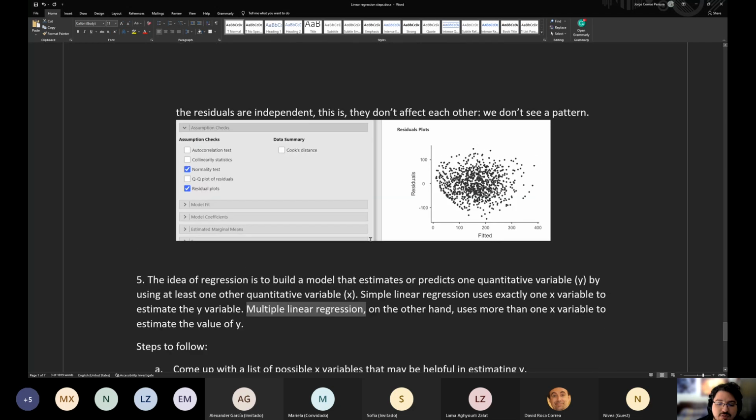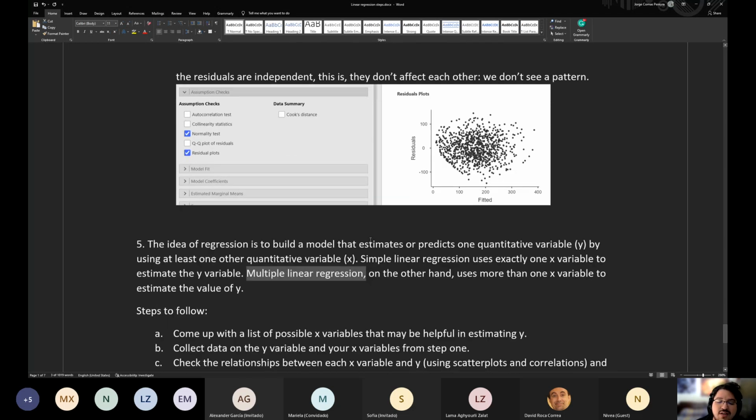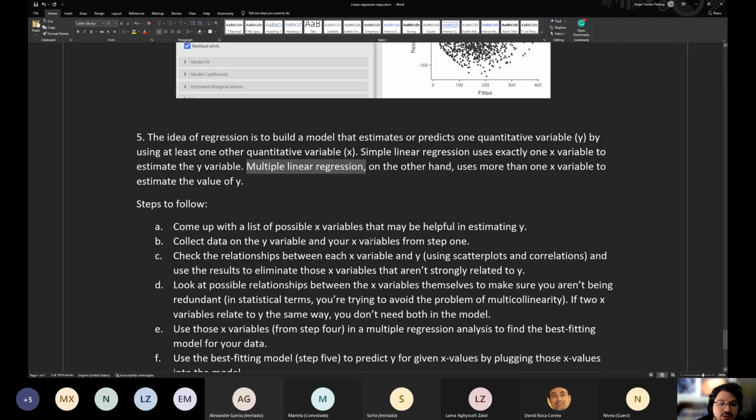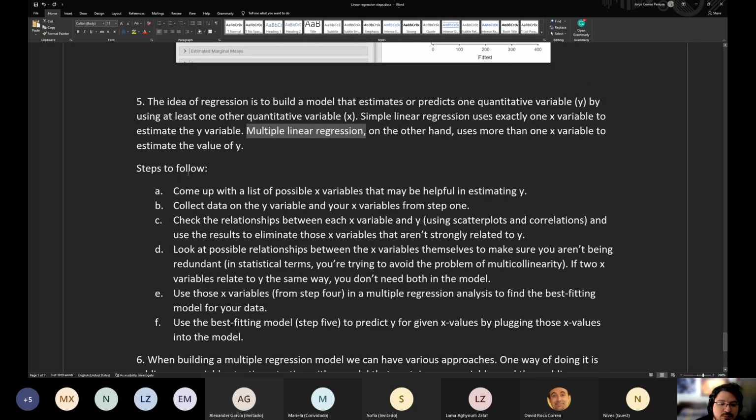It's just that the formula of that line that we draw is a bit more extended. Okay, so the steps to follow to create a multiple linear regression model are the following.